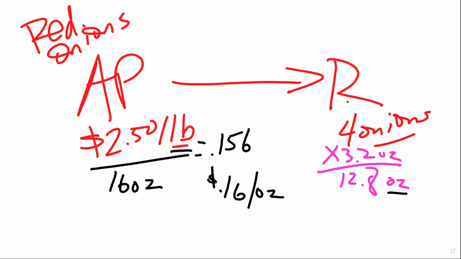So we're converting the cost for a pound down to the cost per ounce. Now we can multiply by the 12.8 ounces.